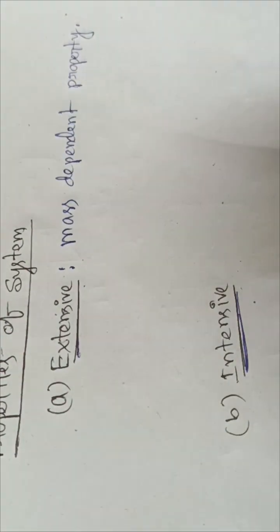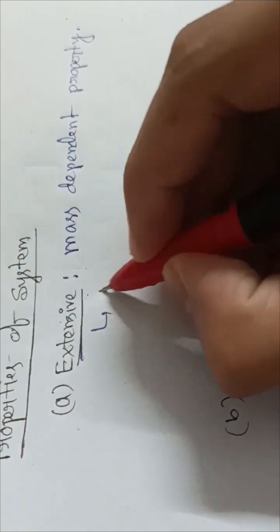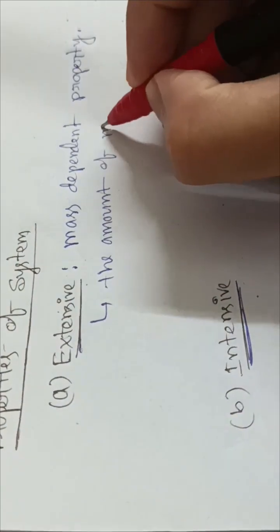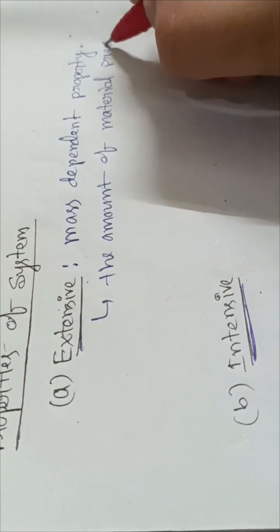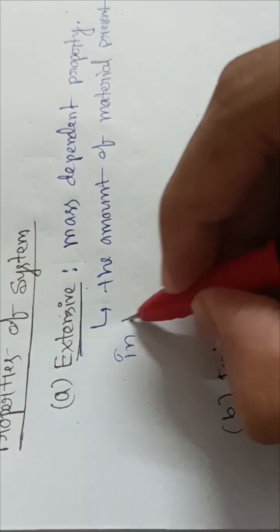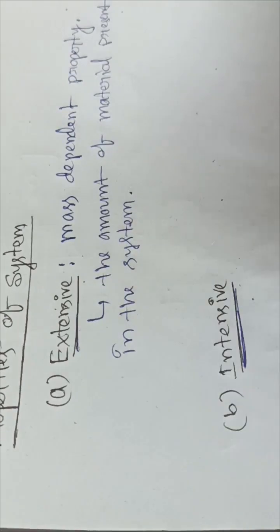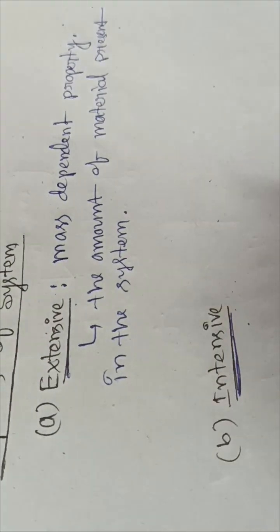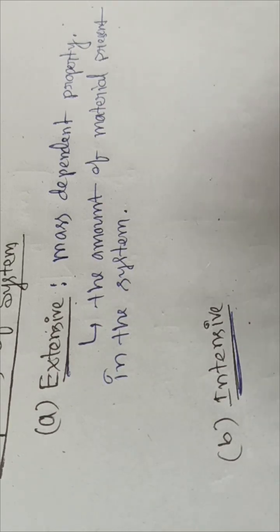Mass dependent means the amount of materials present in the system, that is called mass dependent.